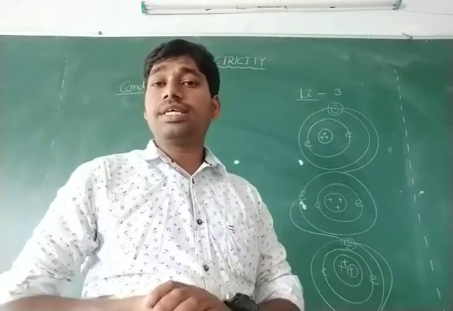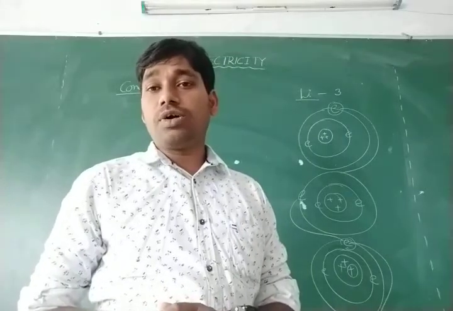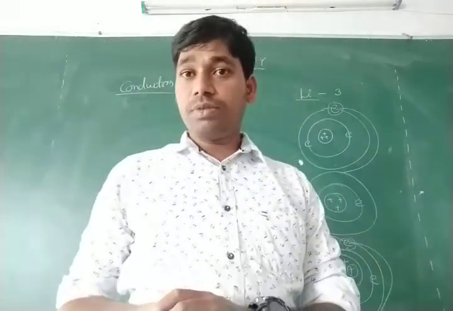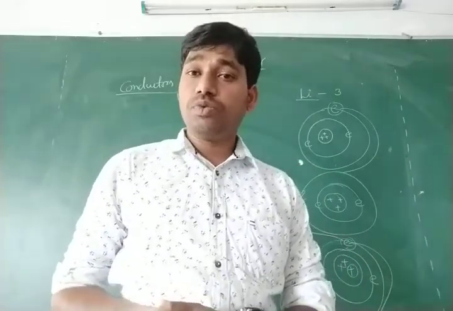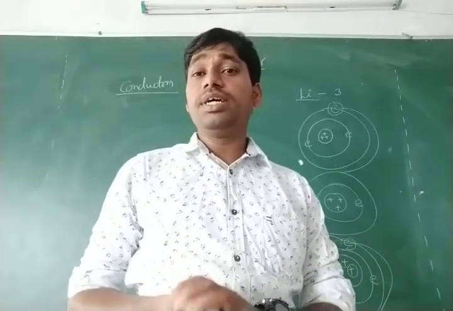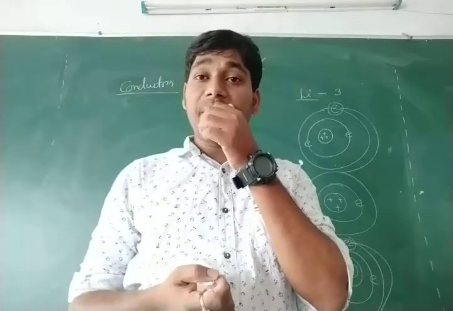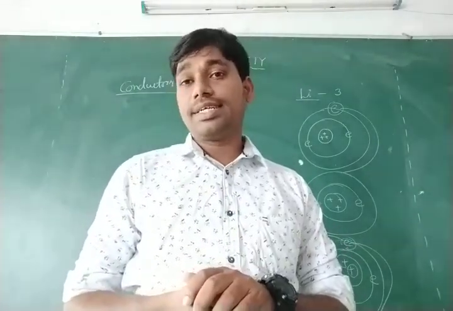Similar things take place in copper also. In copper there is a large number of free electrons, and those free electrons move from one atom to another. The motion of free electrons is called electric current.